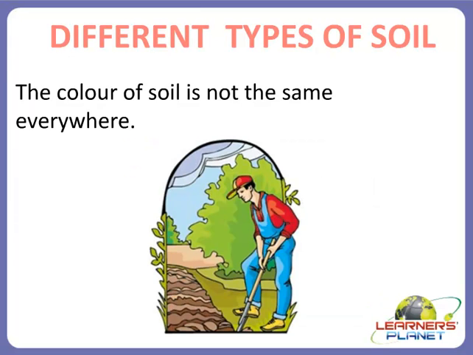Children, now we will study about different types of soil. There are many types of soil, and even the color of soil is not the same everywhere. So children, one kind of soil may be light brown, and the other may be dark brown.